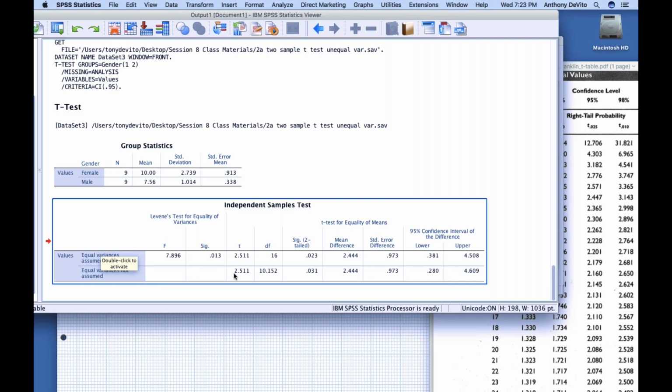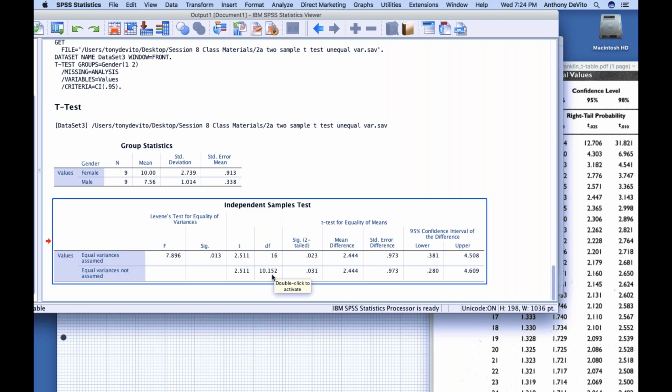As it happens, there's not much difference there, but there is a little tiny bit of difference. My t-score is the same, 2.511, but my degrees of freedom is different. SPSS used that complicated formula that we saw in our directions before in order to calculate the degrees of freedom.